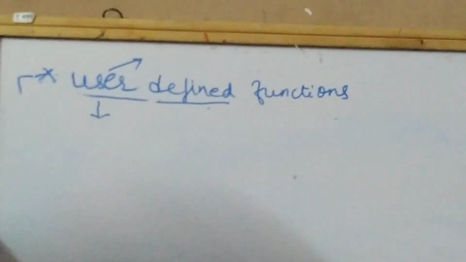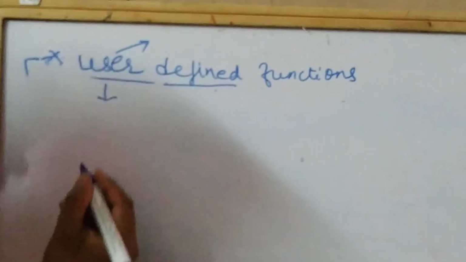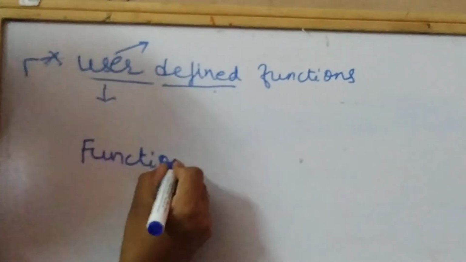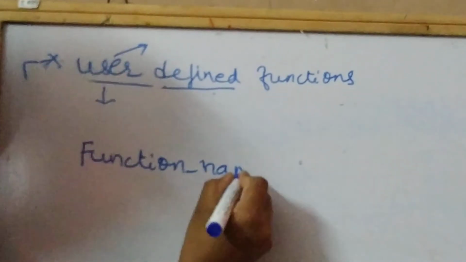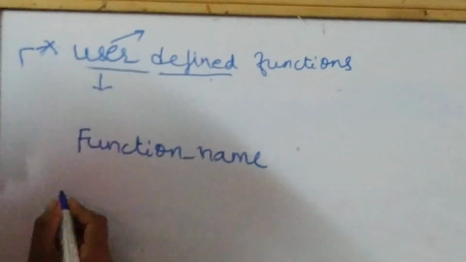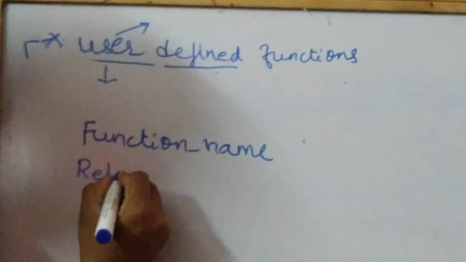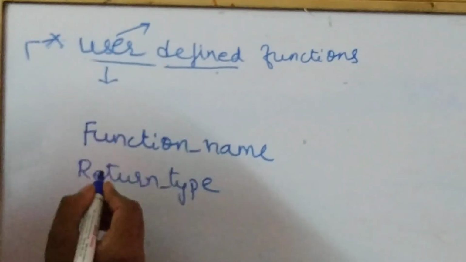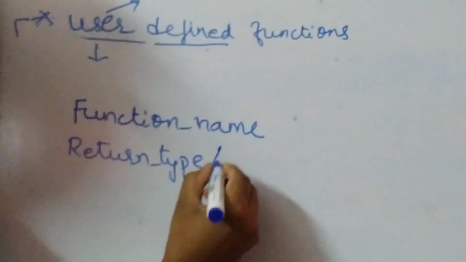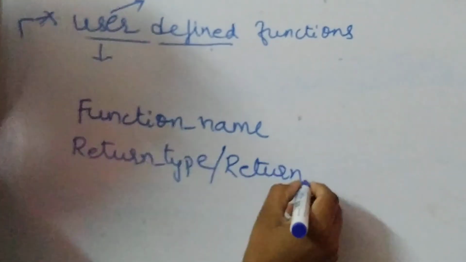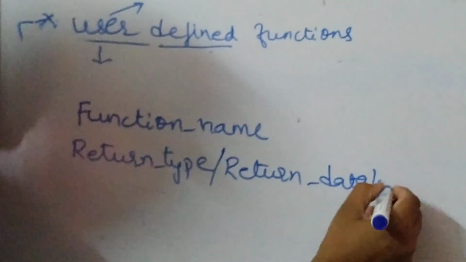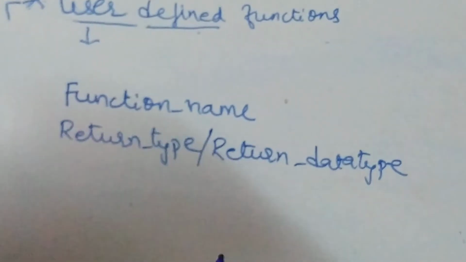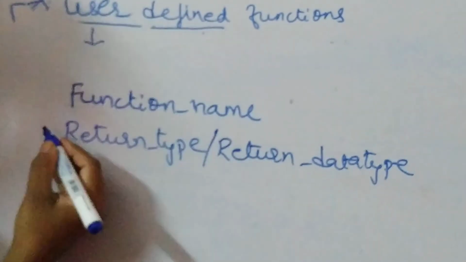So here you can see, in user defined functions, first we write the function name, and the return type, or we can call it the return data type. Similar to a variable's data type, we have a return data type for functions also.